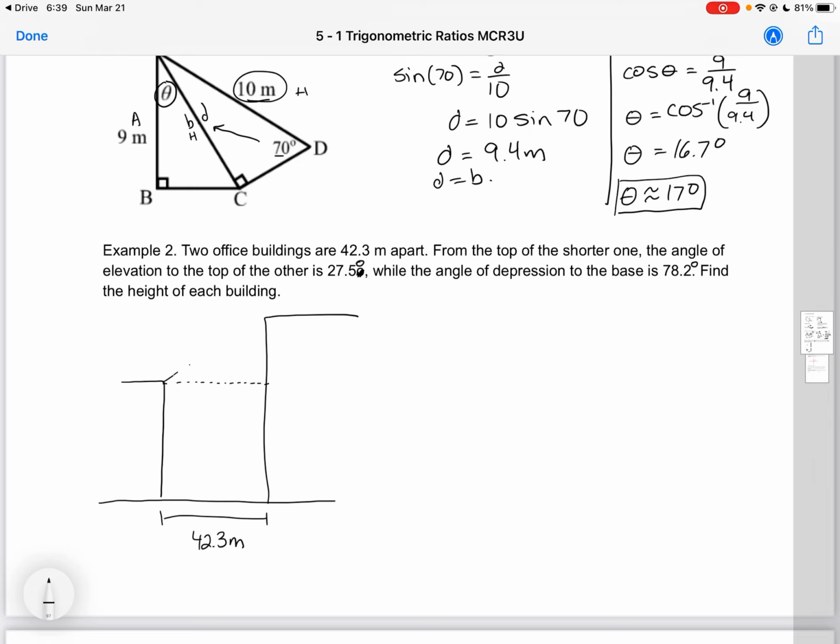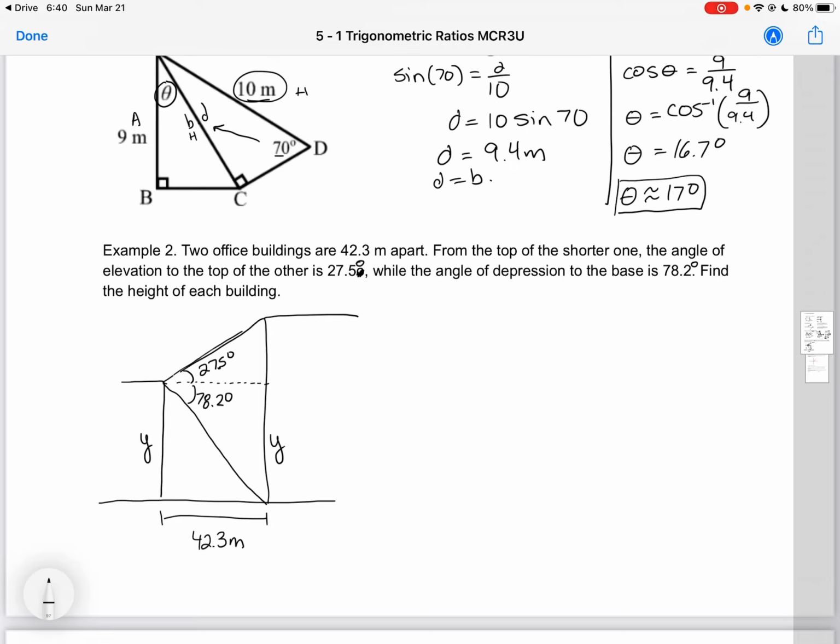So my angle of elevation to the one at the top is here, is 27.5. And my angle of depression, which is from the horizontal down, is 78.2 here. What I'm looking for is to figure out the height of each building. So let's maybe put some labels in here.